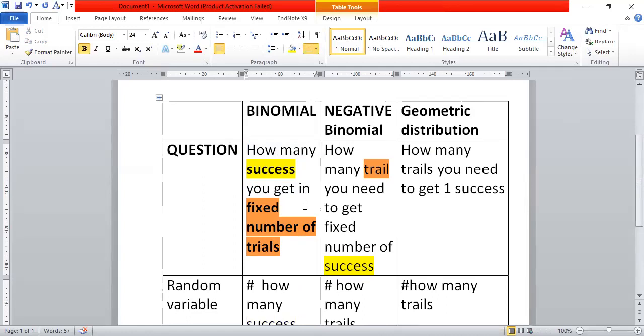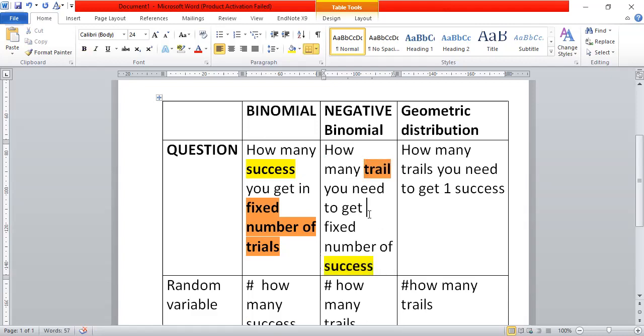As I already told you, the negative binomial distribution is the opposite of the binomial distribution. So the opposite of success is trial, and the opposite of trial is success. How many trials do you need to get a fixed number of successes?